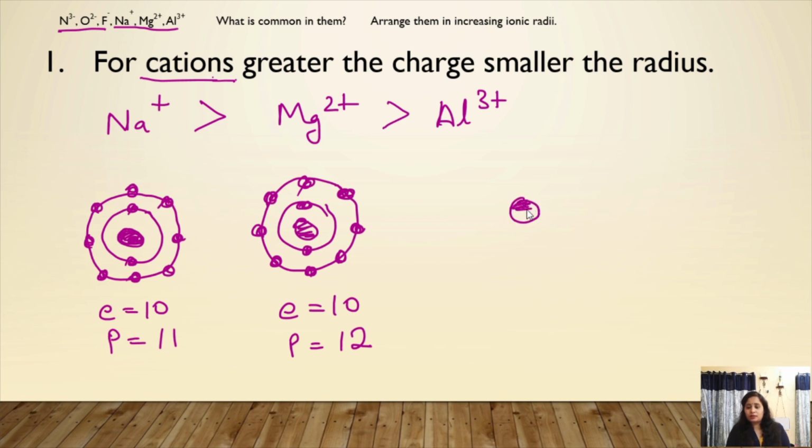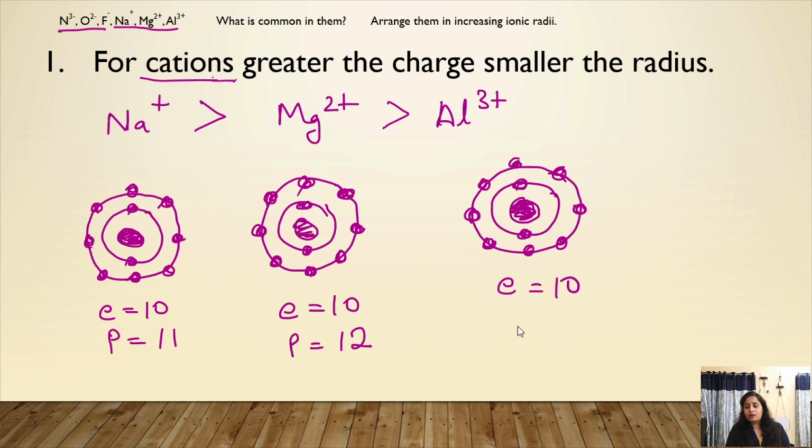It will be the center, then the second and the outermost shell, because only 2 shells are there. The electrons again 10 and protons are 13. Okay? In case of sodium, magnesium and aluminium ions.